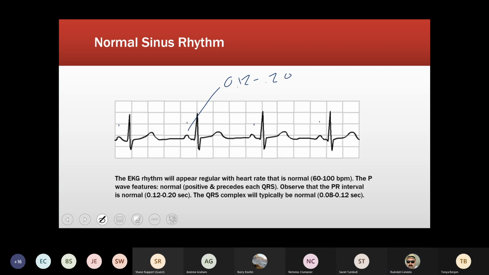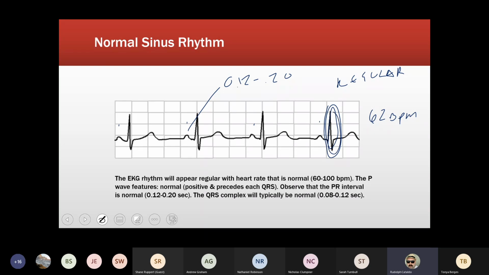That looks regular. Okay, it looks regular, right? So I know it's a regular rhythm. Let's say the heart rate on this patient is 62. And my complex is narrow. That's all I'm looking at for a sinus rhythm.